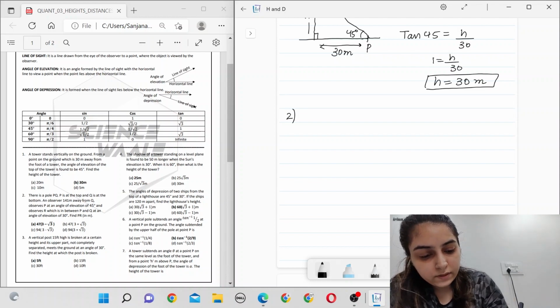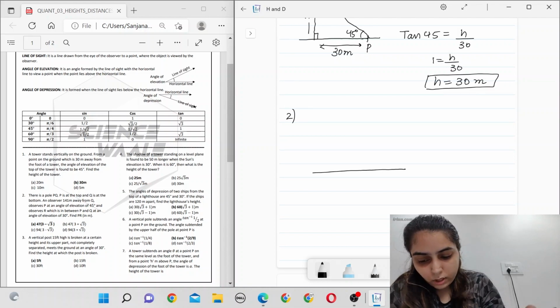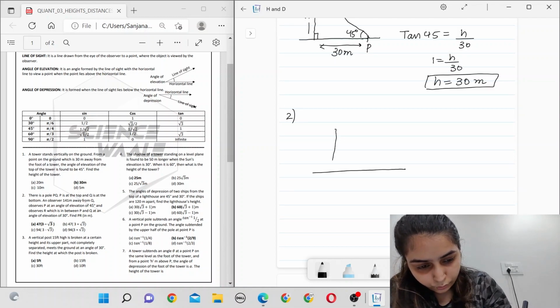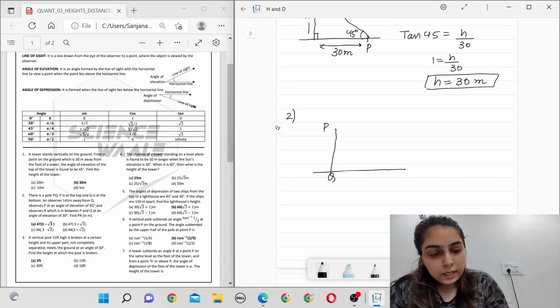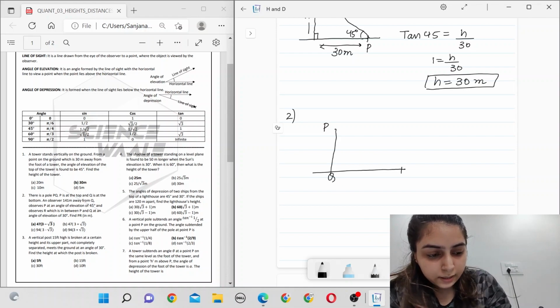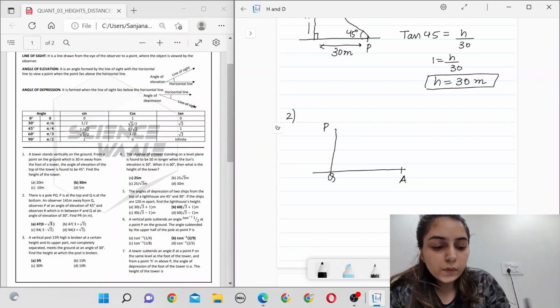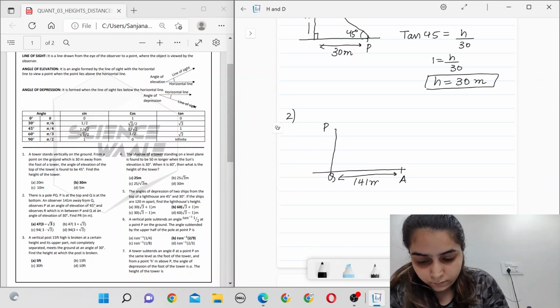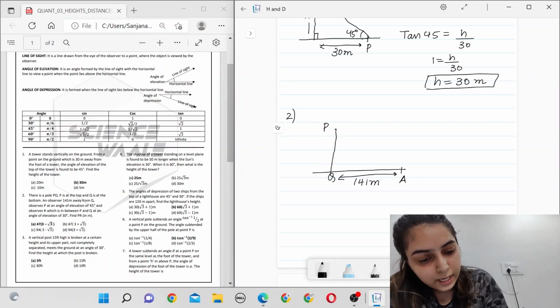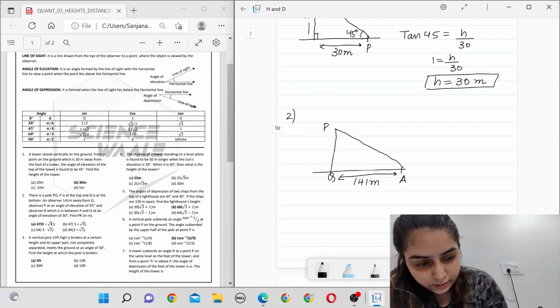So what they have given us is, there is a pole PQ, and P is at the top, Q is at the bottom. An observer 141 meter away from Q, which means from the bottom of the tower, let the observer be A. The observer is standing 141 meter away from the foot of the tower and he observes P at an angle of 45 degrees.